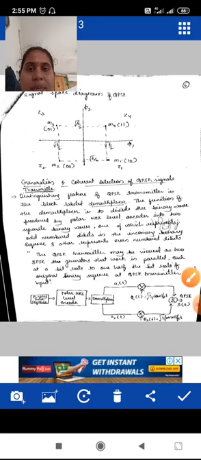So this is the signal space diagram of QPSK. Here there are four regions, Z1, Z2, Z3 and Z4. Z1 belongs to message 10, Z2 belongs to 00, Z3 belongs to 01 and Z4 belongs to 11.